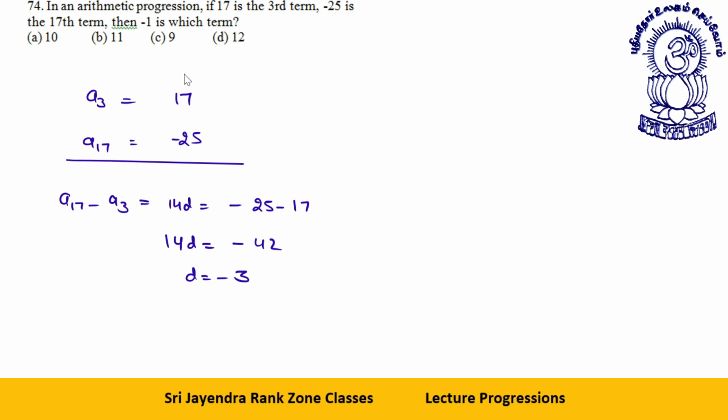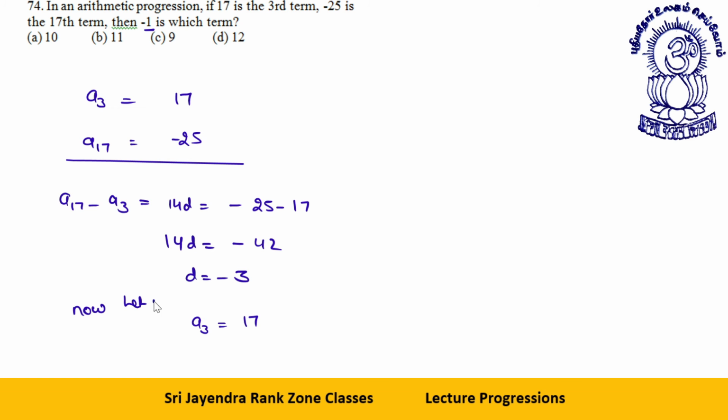Then minus 1 is which term? D is equal to minus 3. Now we have to reach minus 1. See, A3 is 17.